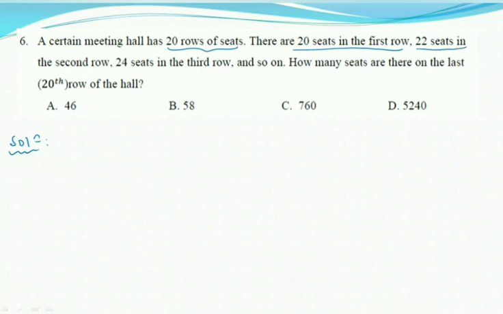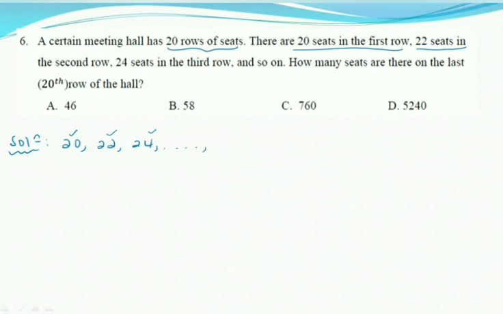Okay, let me write it. 20 seats in the first row, 22 in the second, 24 in the third, and so on. Totally, there are 20 rows.